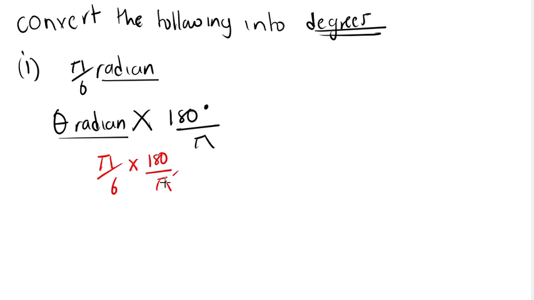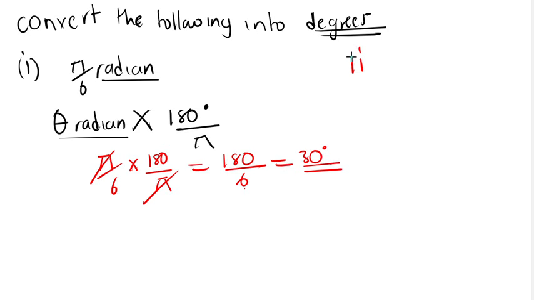Then this pi and this pi, they will divide. Then I'll have 180 over 6. Then I'll divide 6 into that, it is 30. So that is how you answer that kind of question.